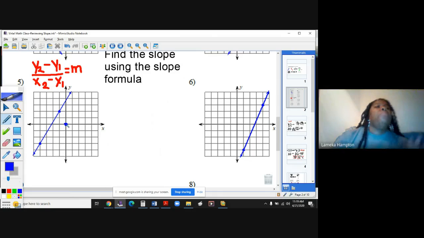Now, just based off the picture, I can tell that I have a positive slope simply because the further right I go, my line is going up. I honestly do not know what the number is, but I do know that I have a positive slope.